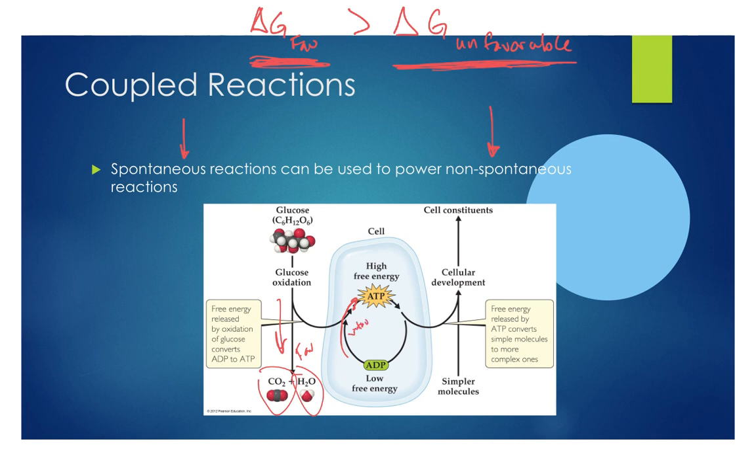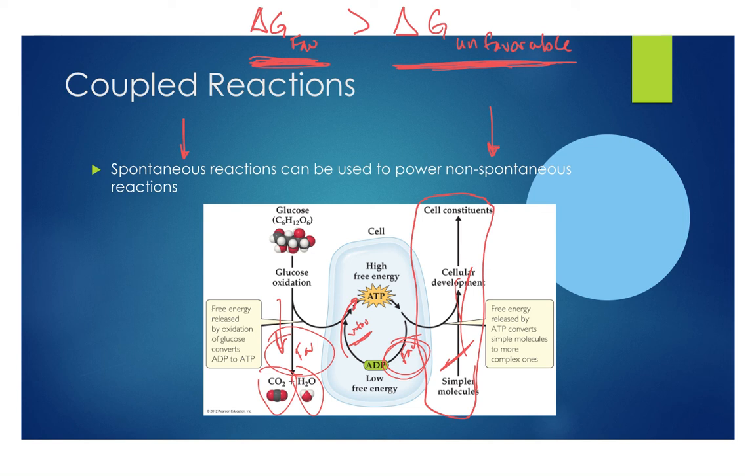Then we can take our ATP and turn it into ADP, breaking that bond, and that's a favorable process. You can use the energy from that to drive other life processes, like taking simple molecules and turning them into cells and cell constituents and things like that. So again, favorable processes power unfavorable processes.